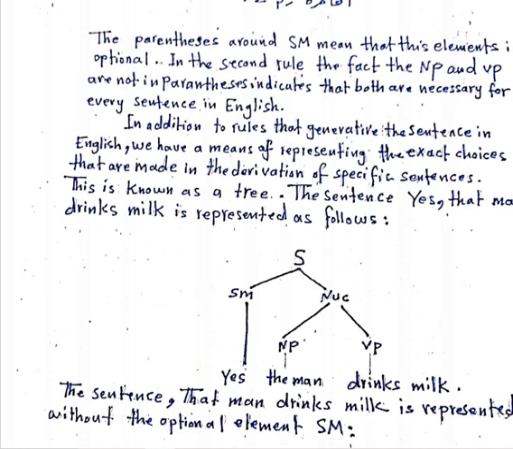In addition to rules that generate the sentence in English, we have a means of representing the exact choices that are made in the derivation of a specific sentence.